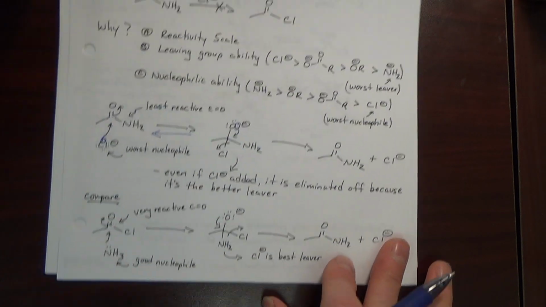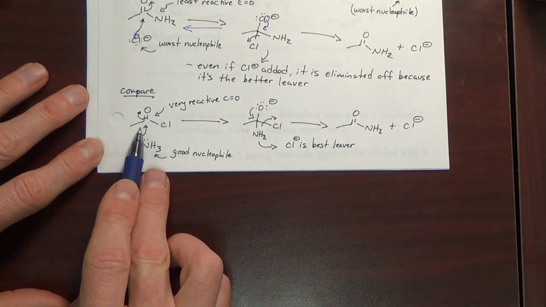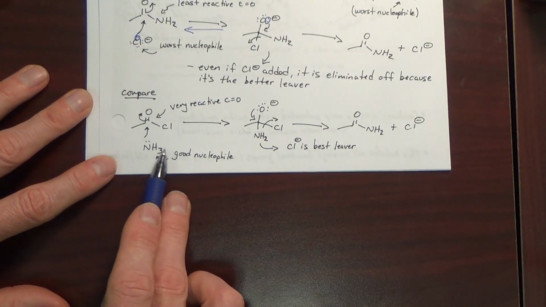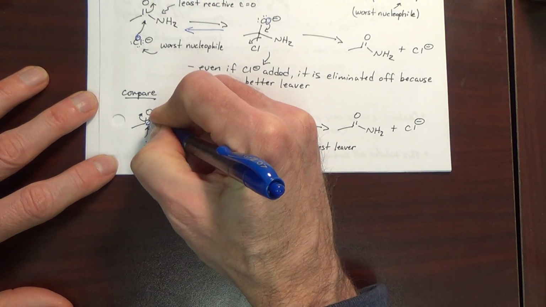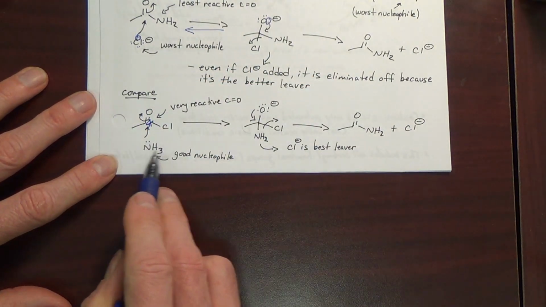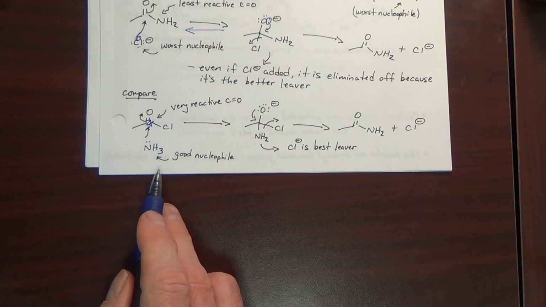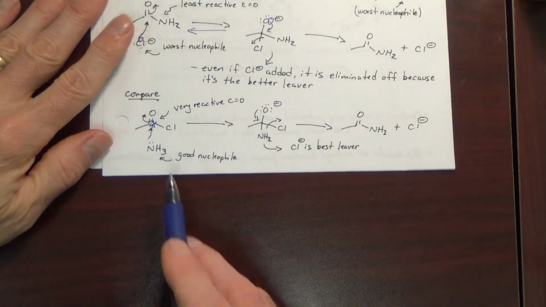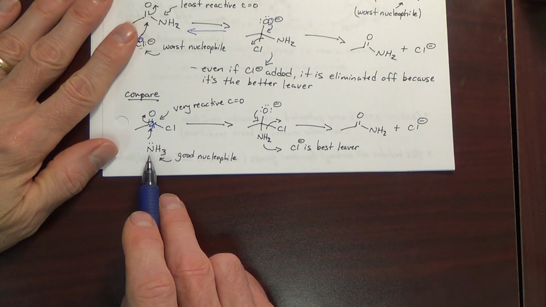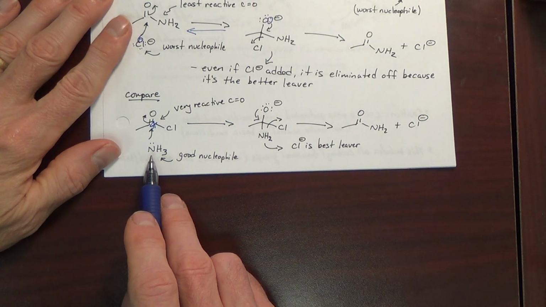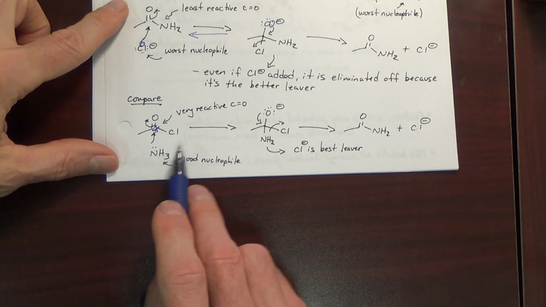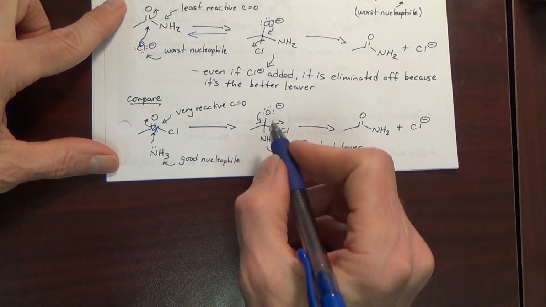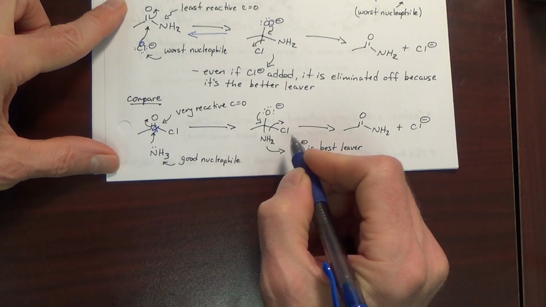Now compare that to below. If we react an acid chloride with an amine, such as ammonia, we have a very reactive carbonyl, lots of partial positive. We have a good nucleophile, amines, and an organic one. We call them strong nucleophiles. We can get to a tetrahedral intermediate. I see that my H is gone.